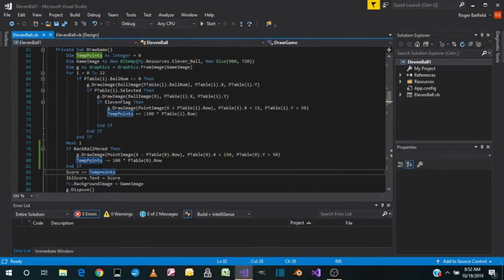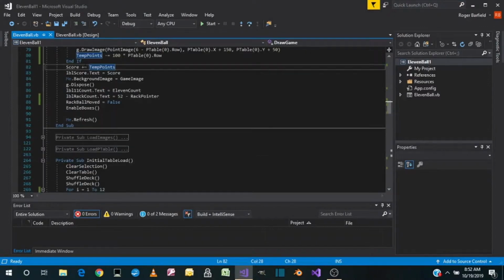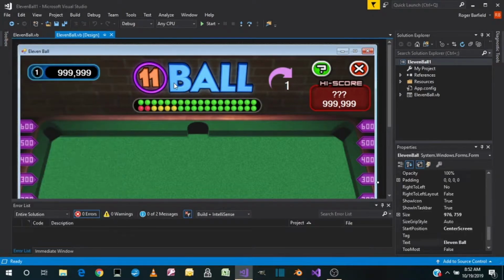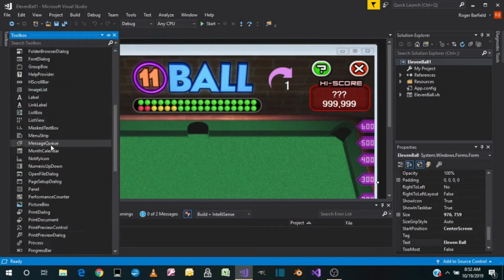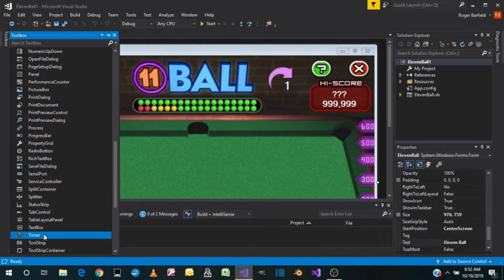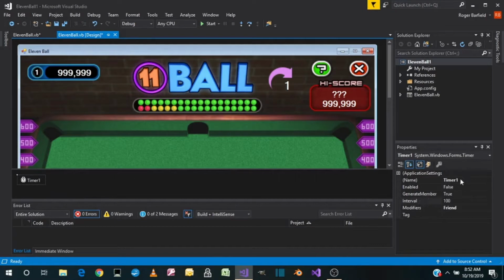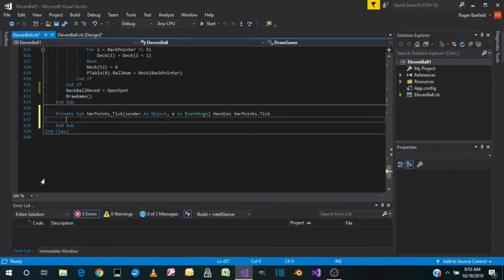Okay, so that's good. Now we need to make that disappear. And the only thing I know to do is put a timer in it. Okay, let's call it TMMR points. Set to, what's it set to, 150 milliseconds.